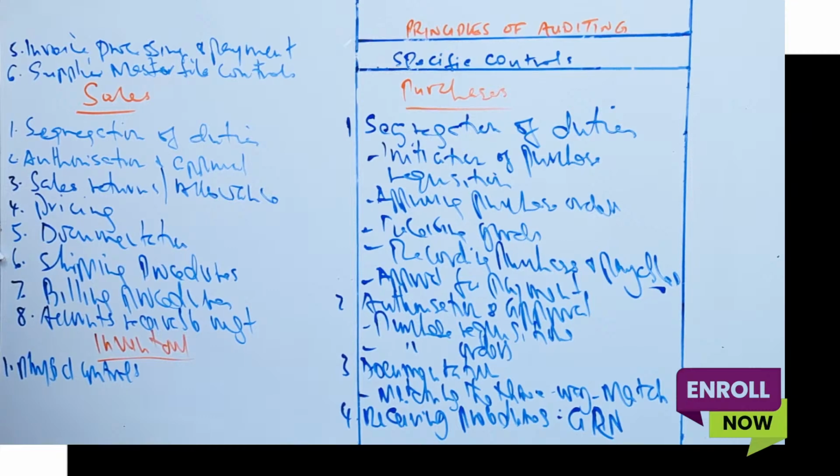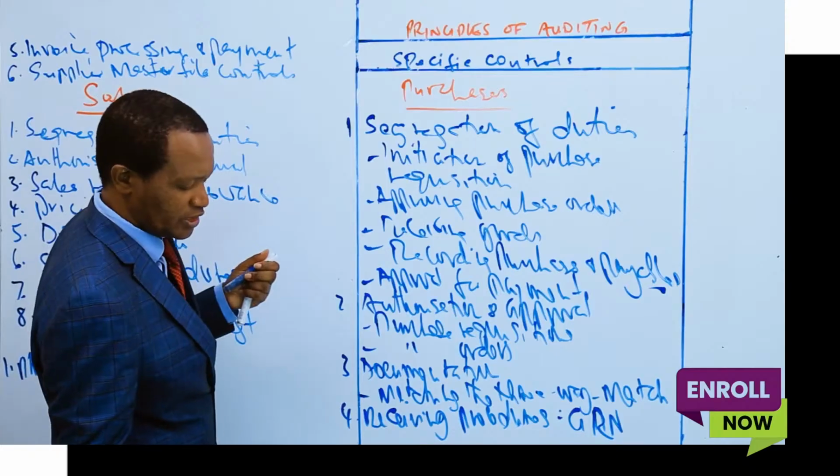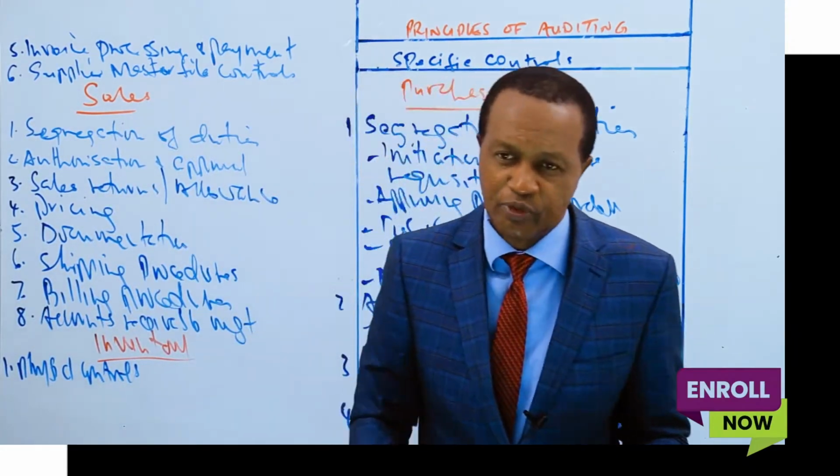We may also have physical segregation. That means separating different types of inventory, for example, raw materials from work in progress. You separate work in progress materials from the finished products and so on.